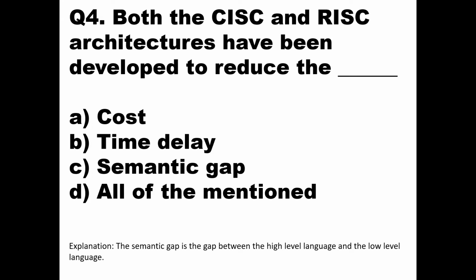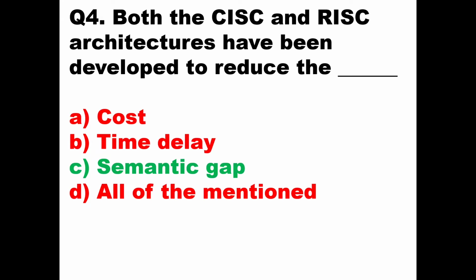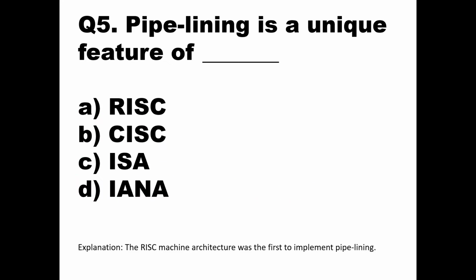To reduce that gap, both these architectures, CISC and RISC, were developed. So here the answer should be C, semantic gap. Then we'll go to the next question, question number 5.